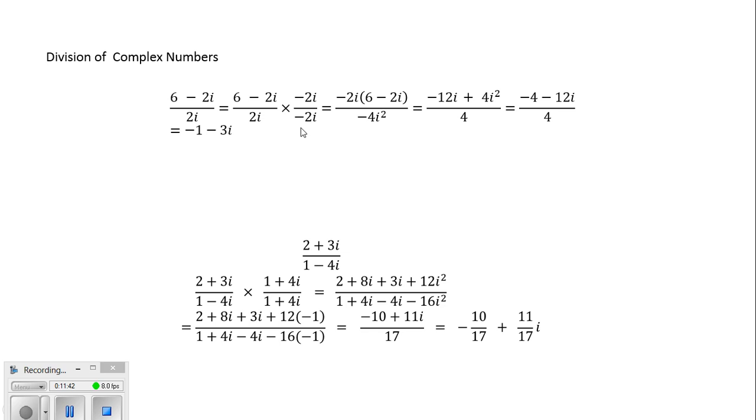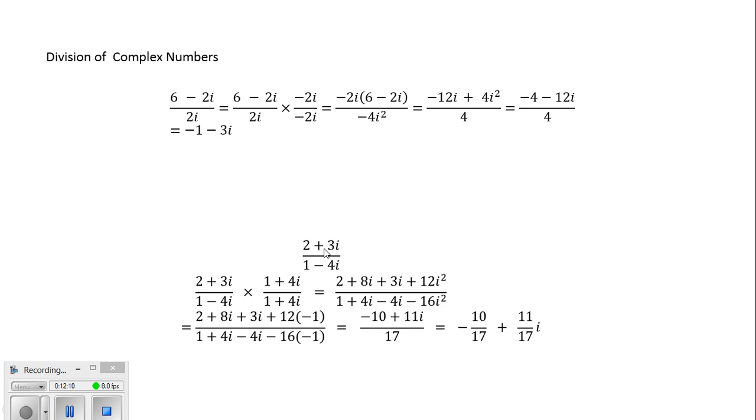Then we execute the multiplication much the same way as we showed you on the previous slide. Distributing upstairs, and then down below we get negative 4i squared. It's negative 4 times negative 1, which is 4. And then we finally resolve this into a complex number, negative 1 minus 3i.